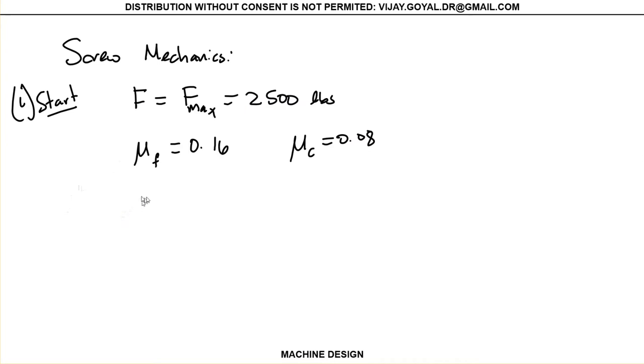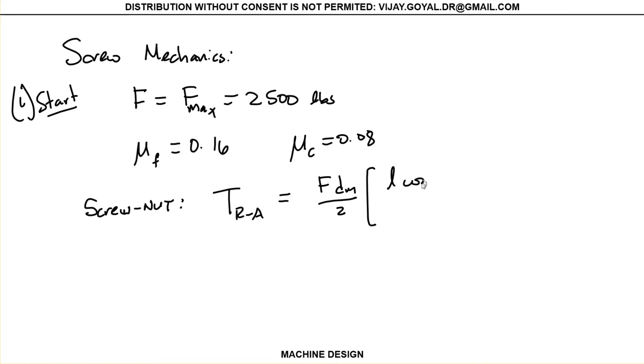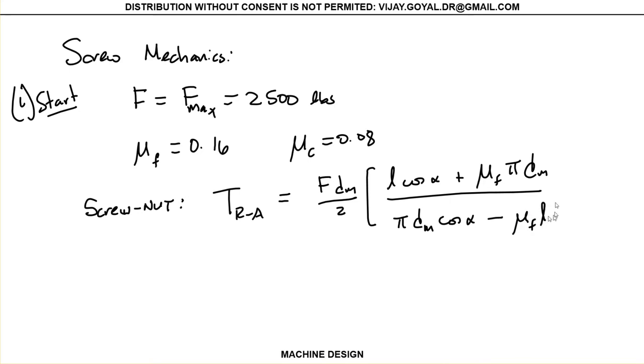Then you've got two contributions. First, the screw and nut interface. That is TRA. That gives you F dm divided by 2, times (L cosine of alpha plus mu F pi dm), everything divided by (pi dm cosine of alpha minus mu F L).